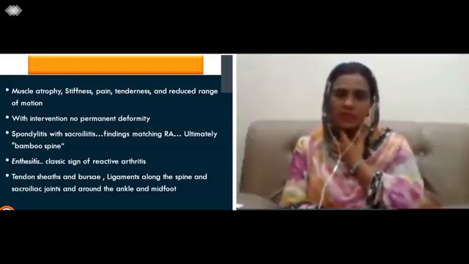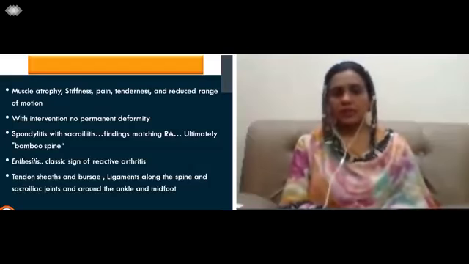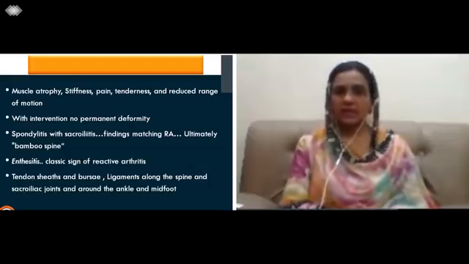Then there is another term, which is enthesitis. Enthesitis is a classical sign of reactive arthritis.